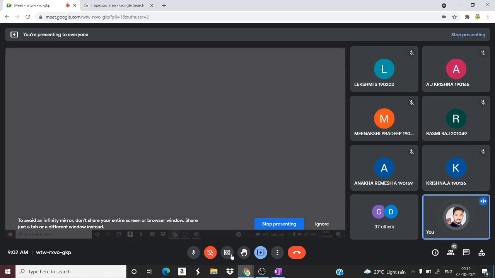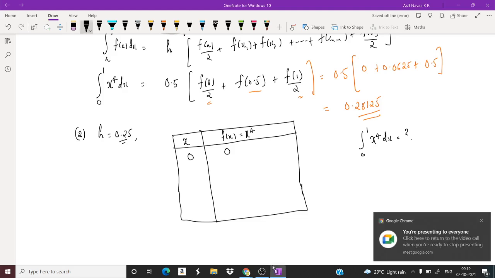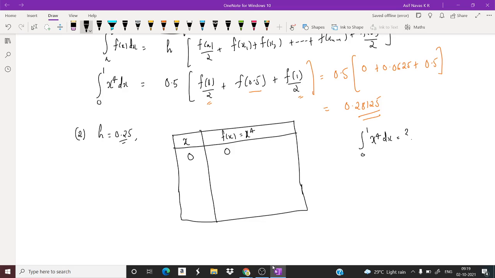0 is there. Then for the second value we add h, so 0 plus 0.25, so this is 0.25. And f(x) is 0.25 all raised to 4. From the calculator it is 0.00396.